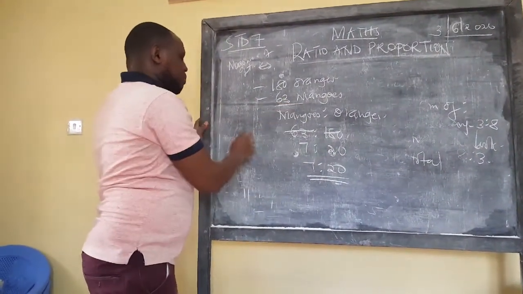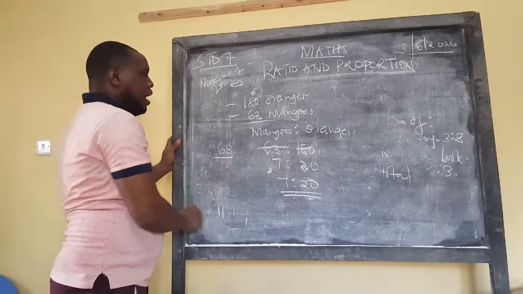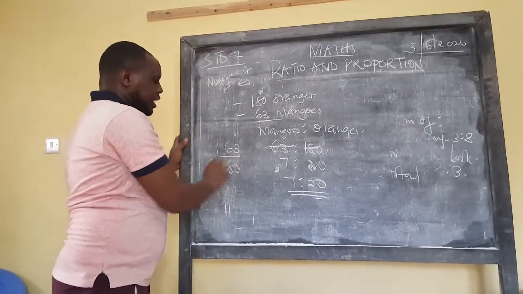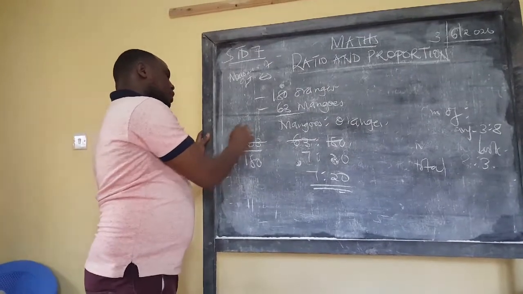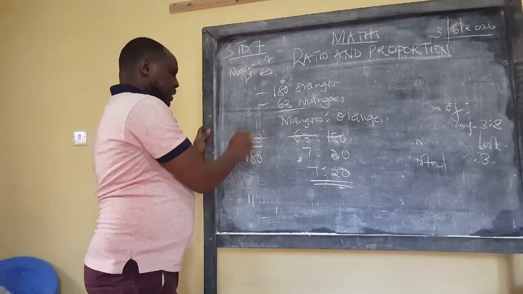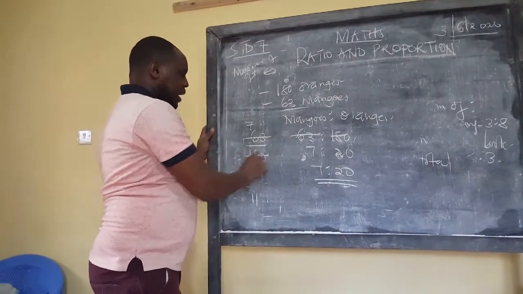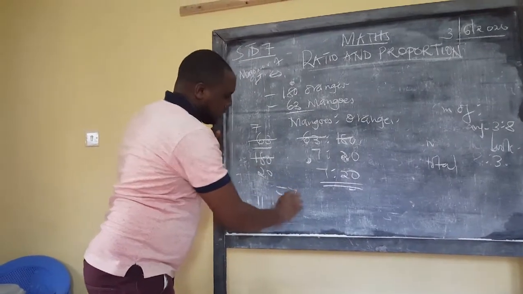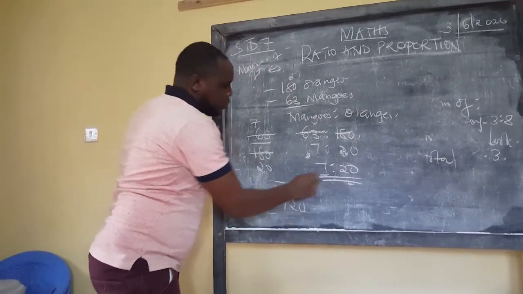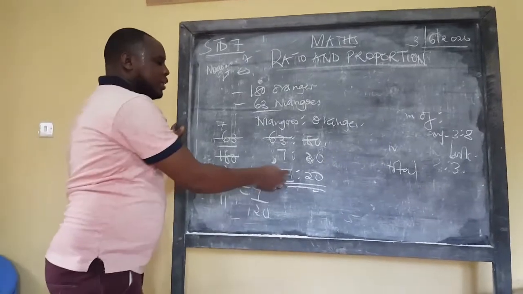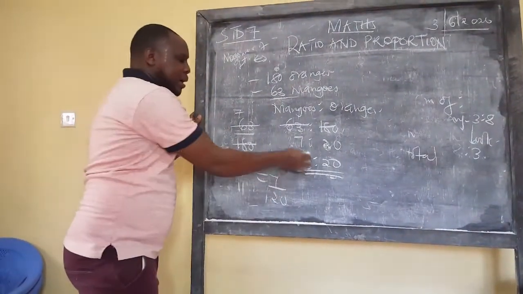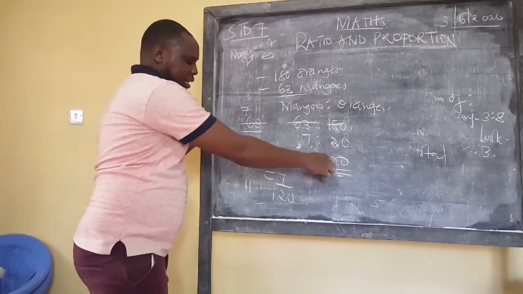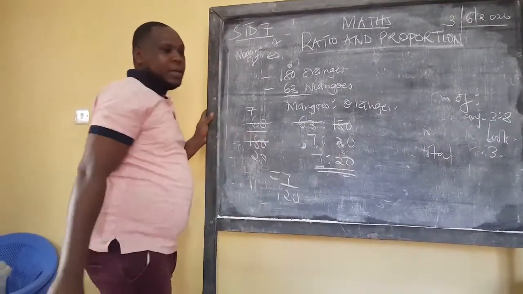So you write mangoes 63 over oranges 180, and that should be left as a fraction. By 7, by 9, 20. So as a fraction, it is 7 out of 20. Remember always, when you're writing as a fraction, the numerator begins and then down the denominator. So the first number becomes our numerator and the second number becomes our denominator.